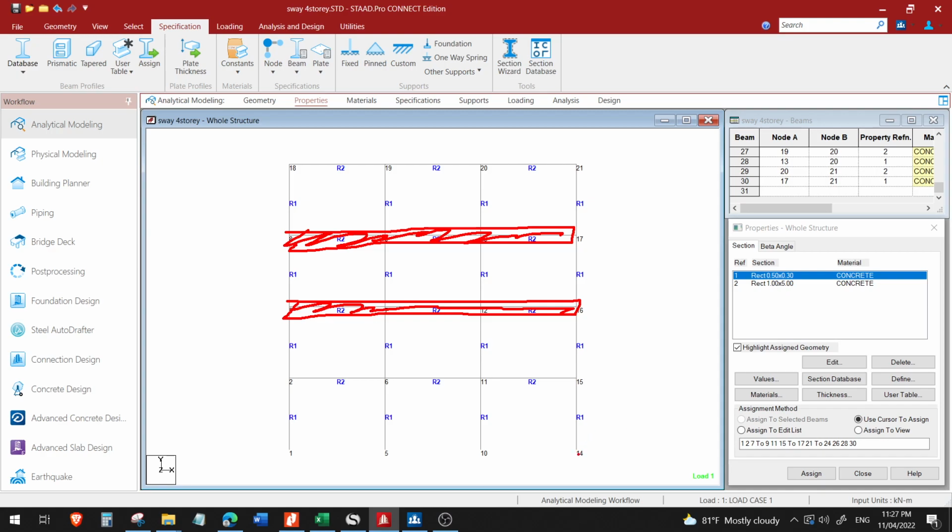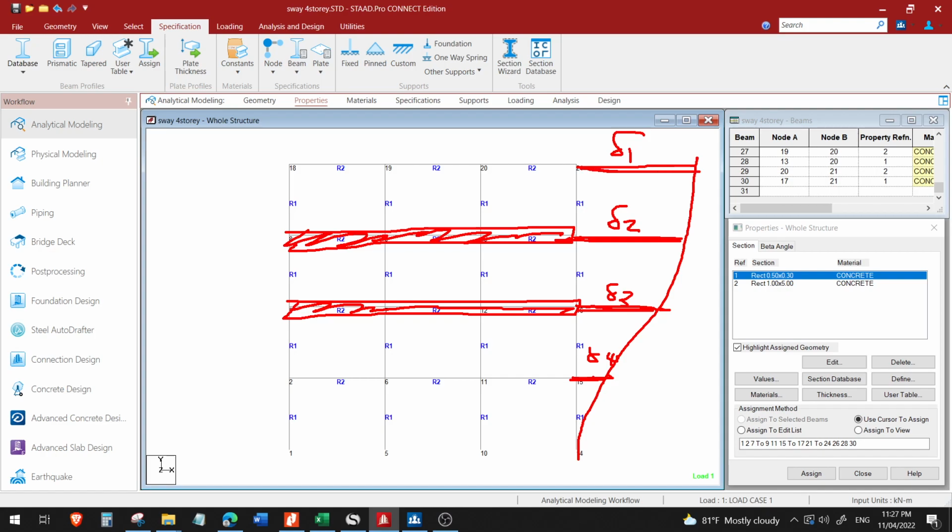So basically, our assumption for the sway is something like this. Okay, so say this is delta 1, this is delta 2, this is delta 3, this is delta 4. But there is no rotation. So translation only is our assumed displacement there.